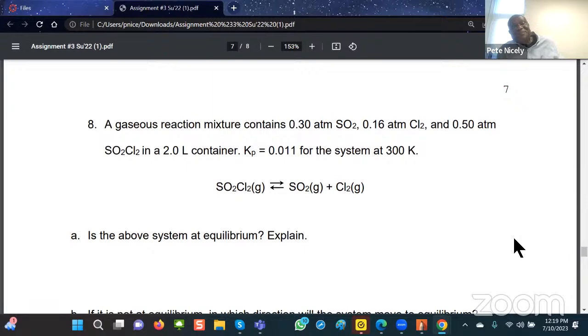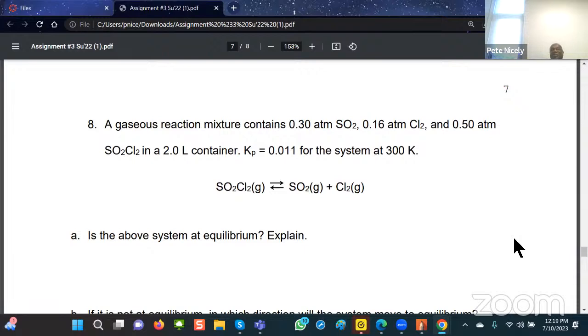And you're to explain. Now, if you remember, when it comes to determining whether or not a system is at equilibrium, what we do is that we calculate the Qc, or in this case, the Qp for the reaction, which is the reaction quotient, and we compare it to Kc or Kp, all right? We're dealing with Kp in this example.